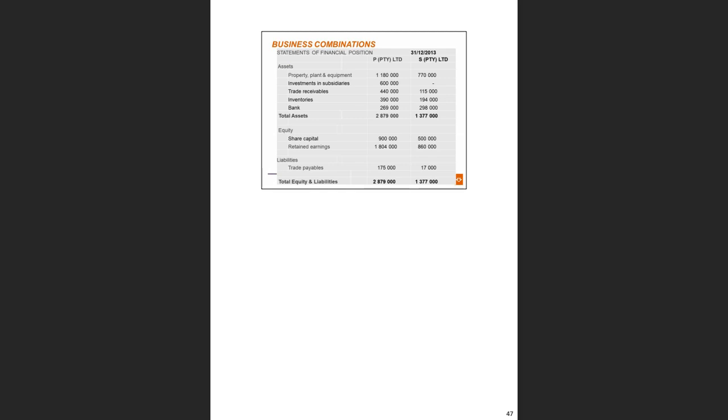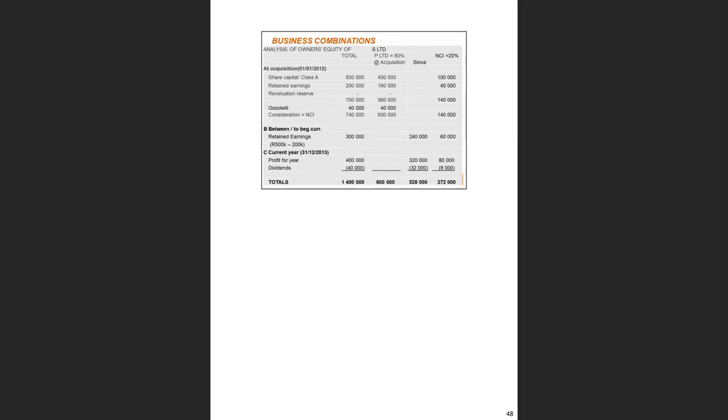So here's your statement of financial position. They have simply recapped, this is the statement of financial position for P Pty Limited and S Pty Limited in its separate financial statements. This was given in a previous slide as well. So let's have a look at how to combine these separate financial statements into the group financial statements.